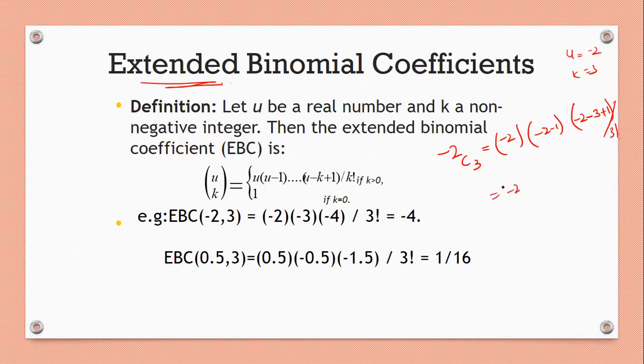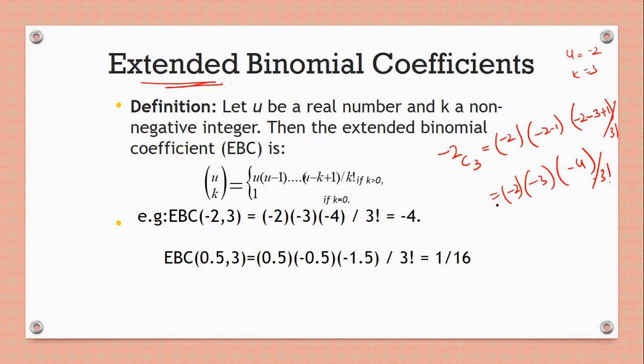Let's evaluate it. This becomes minus 2, then minus 2 minus 1 is minus 3, and then minus 2 minus 3 plus 1 is minus 4, divided by 3 factorial. You can solve it on a calculator or by yourself.